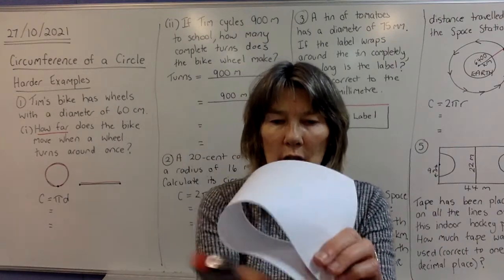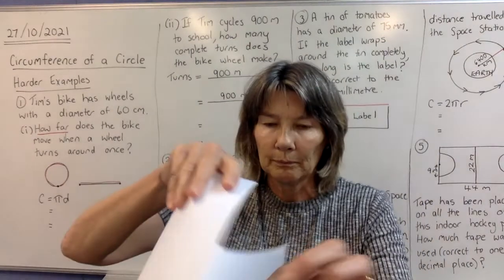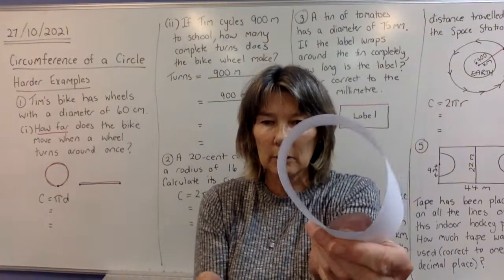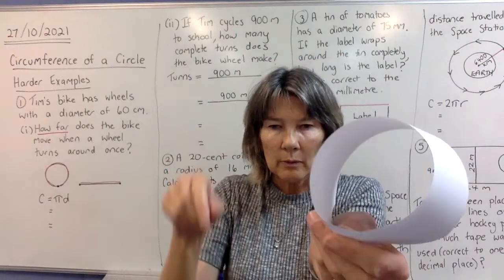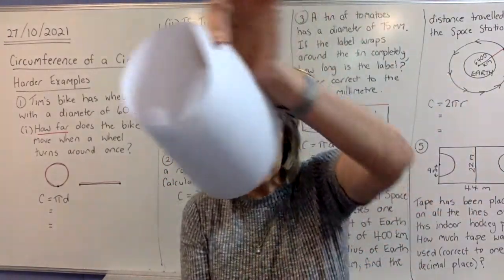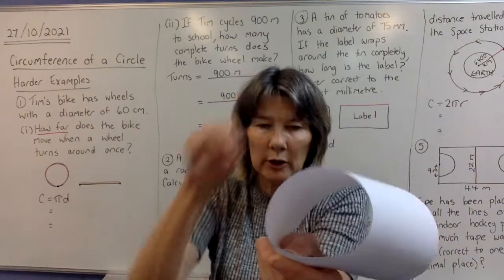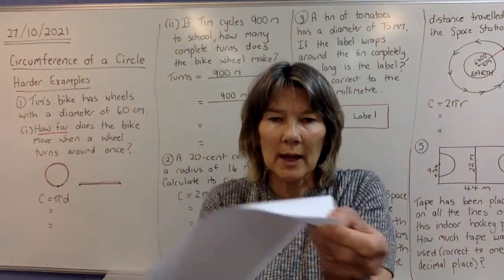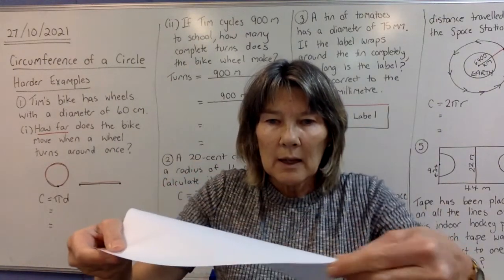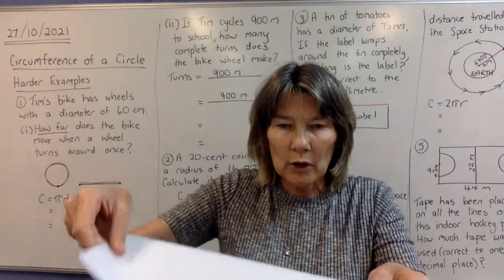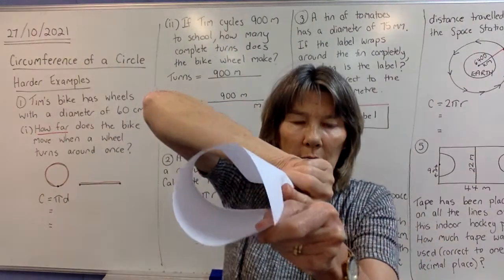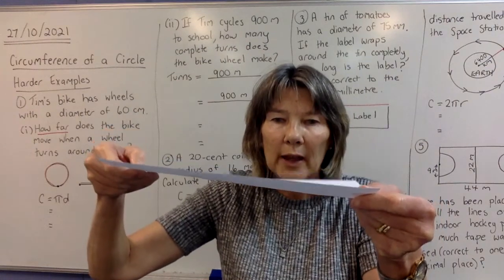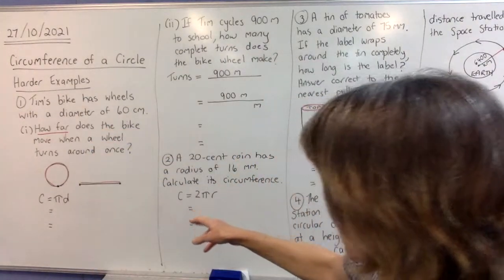Now, as it goes around, as it spins around for one rotation, if I unravel it, that distance there was the circumference of the circle when I had it folded up around. Okay, so it was the circumference, then it unravels and it's straight along that line there. So that's what I've drawn on the board there.